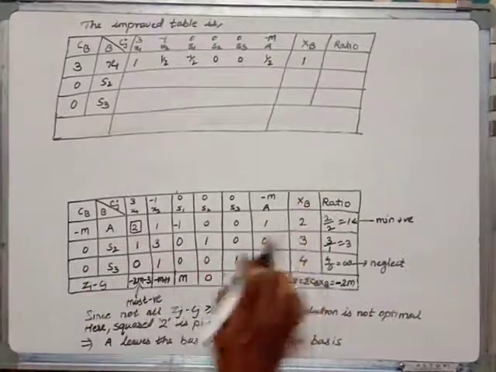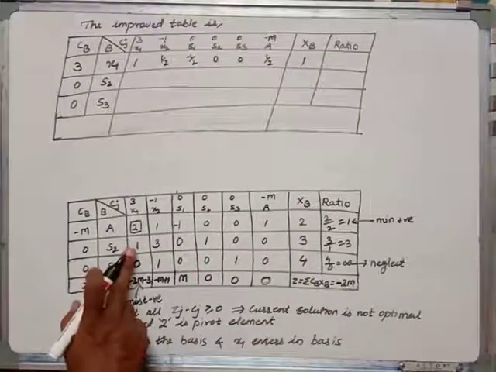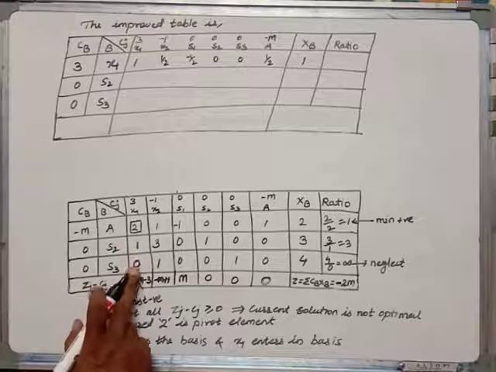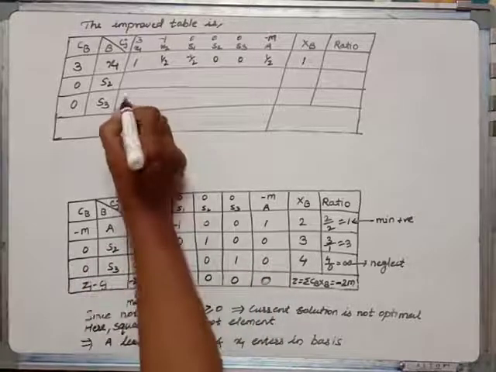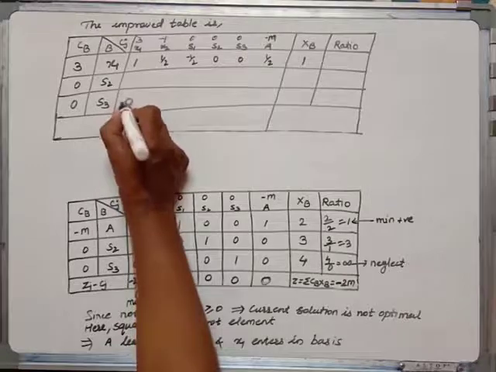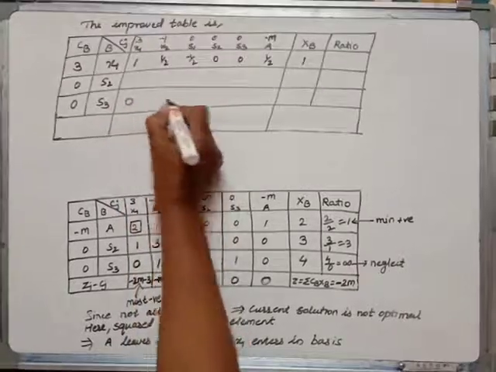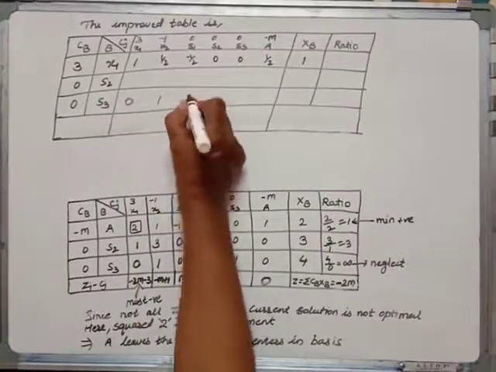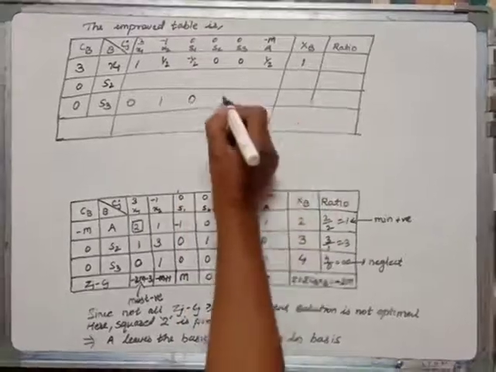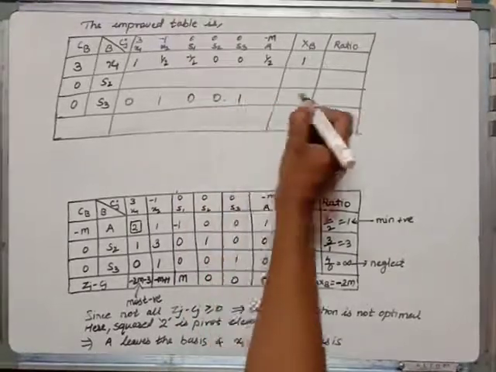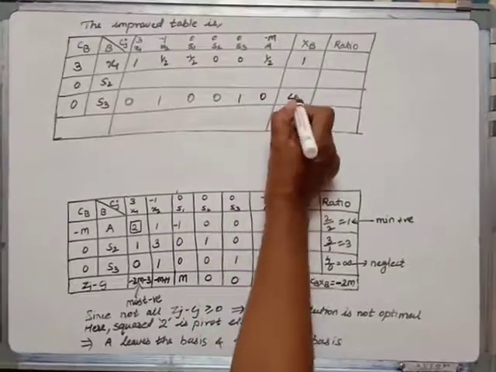You can check. Now this 1 we have to make 0. This is already 0, so this row remains the same. So let me write 0, 1, 0, 0, 1, 0 and 4.